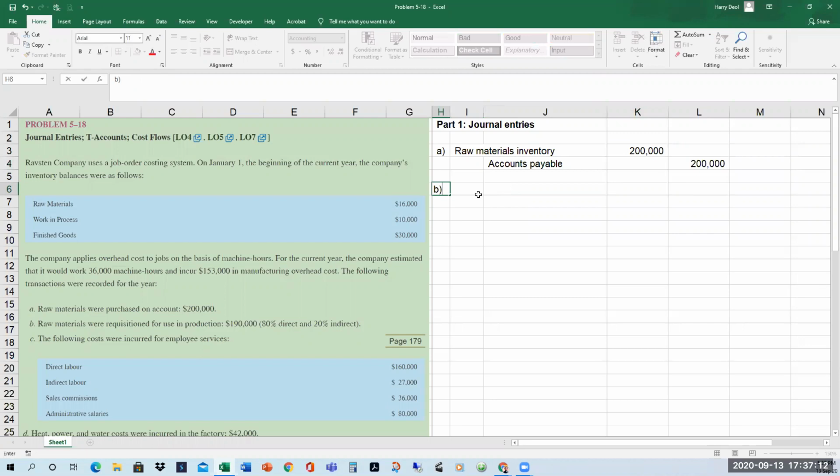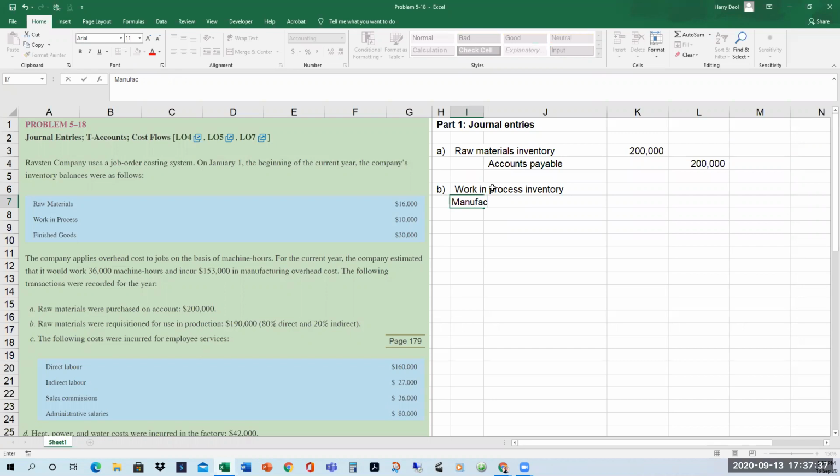Next, for B, we've got raw materials requisitioned for use in production, a total of $190,000, of which 80% were direct and 20% were indirect. So you want to debit work in process inventory for the direct materials.